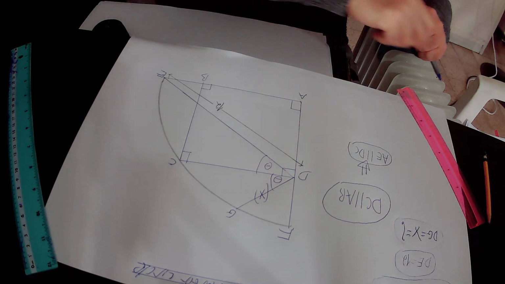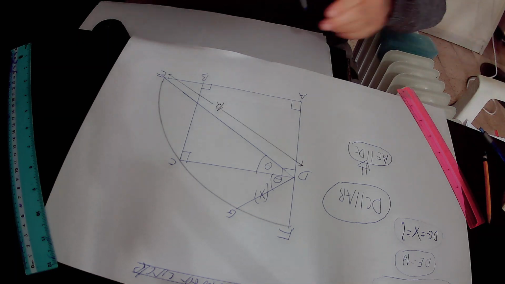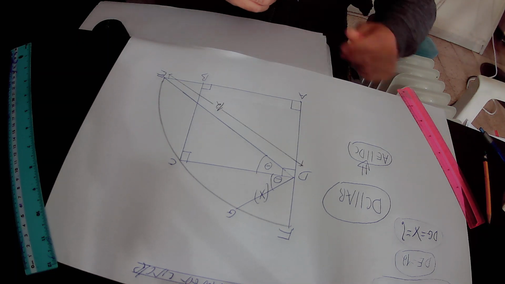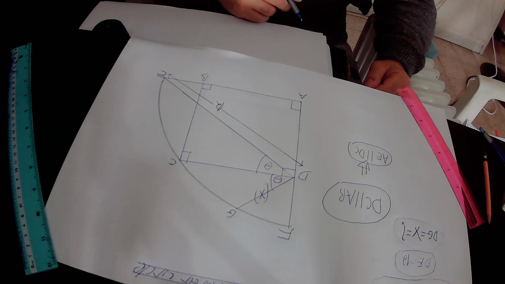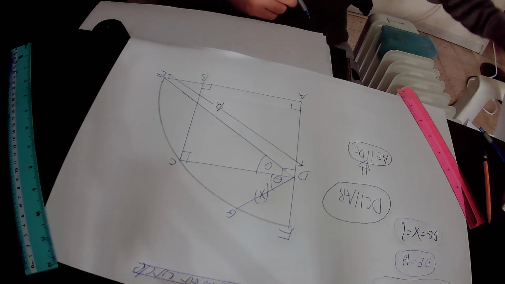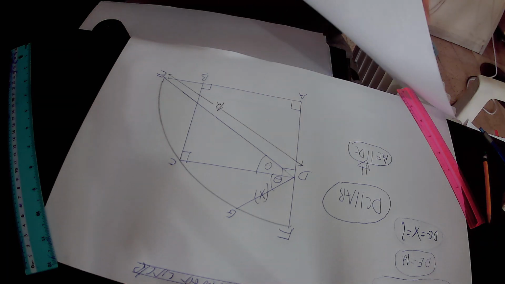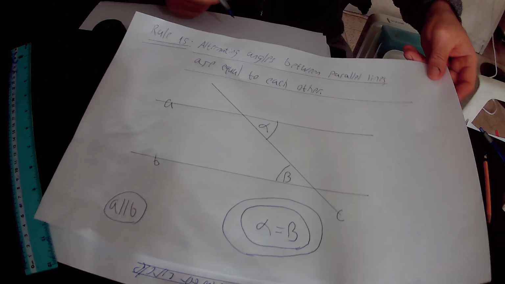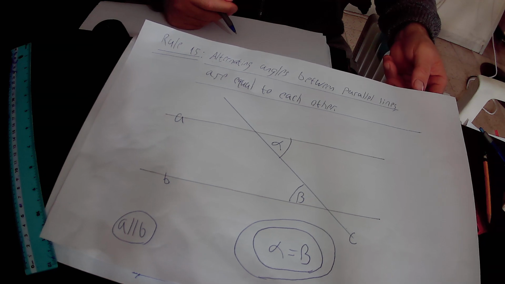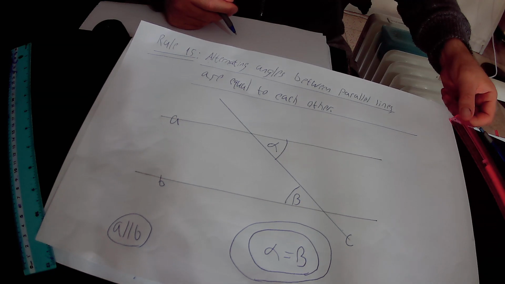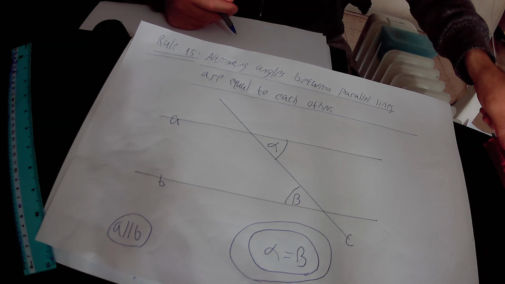Okay. So here we can implement rule 15. According to rule 15, alternating angles between parallel lines are equal to each other.